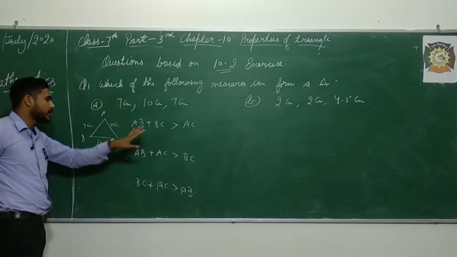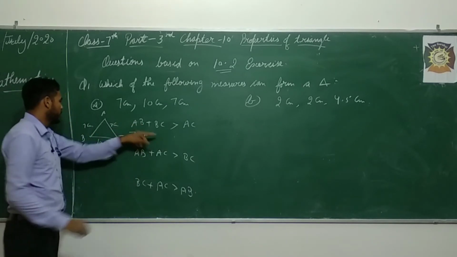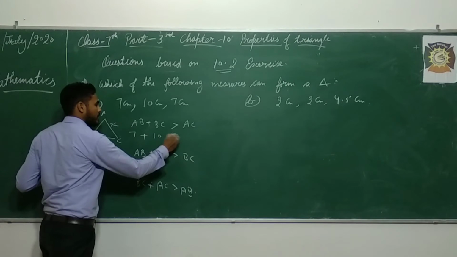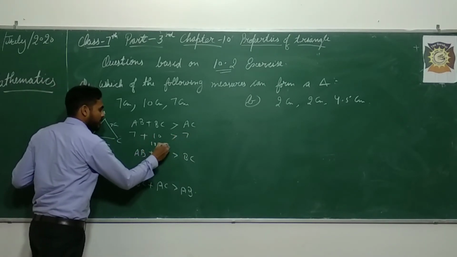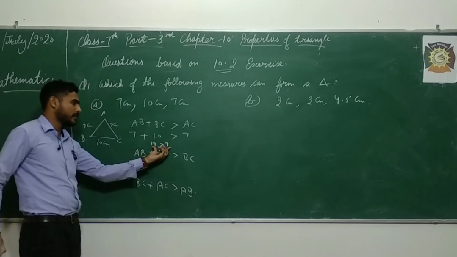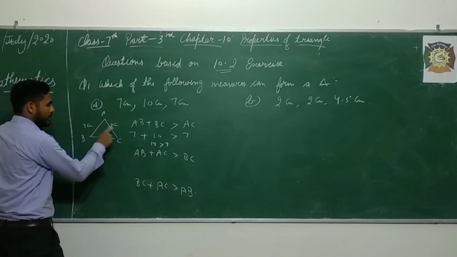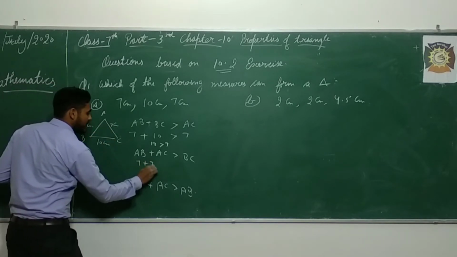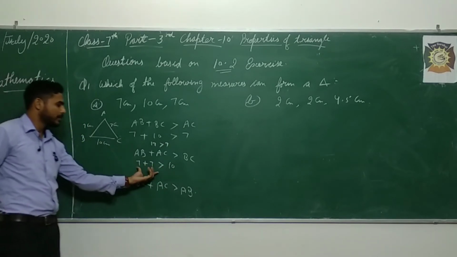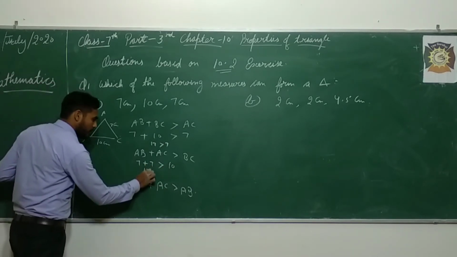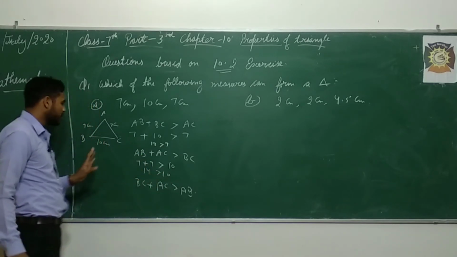Now put the values. AB is 7, BC is 10, AC is 7. It means 10 plus 7, 17, is greater than 7. It means it is right. Second, AB plus AC, 7 plus 7, 14. 14 is greater than 10. This condition is also satisfied.